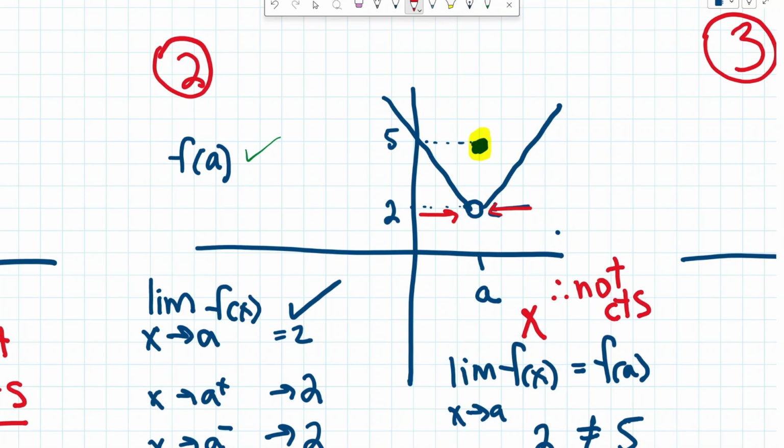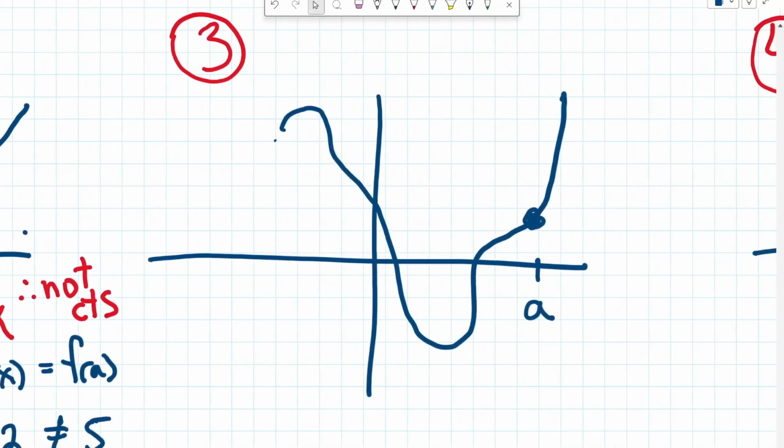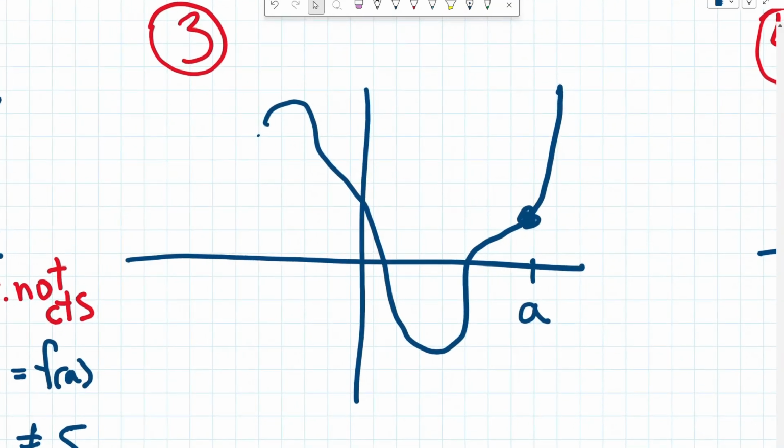Okay, let's move on to our third example. So right away here, we can see that f of a is defined and exists. It's a point that lives along this curve. Secondly, if we were to take the limit, approaching from the right-hand side and the left-hand side, we can see that they will equal the same value and both exist. Therefore, the second criteria is met.